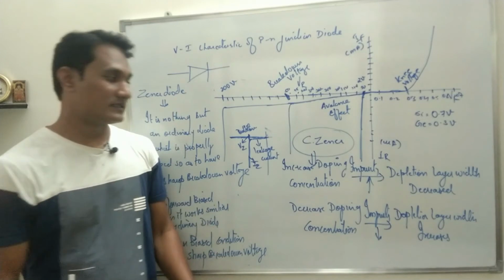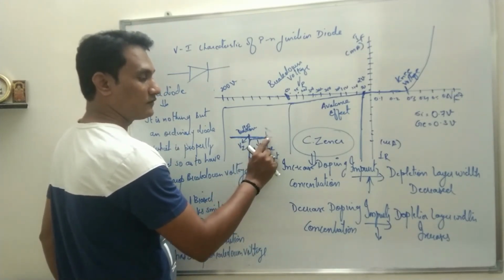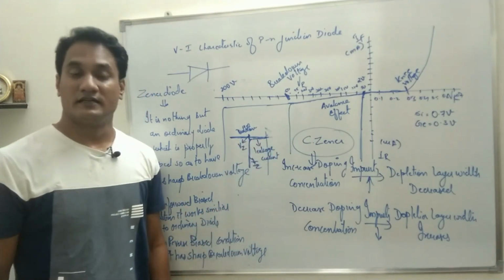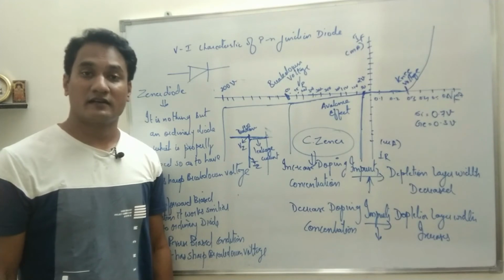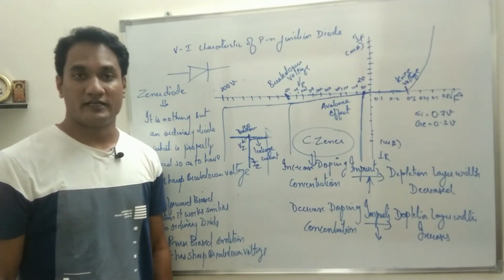Third, the stage between the 0 point and the breakdown voltage is called the leakage region or leakage current, where a negligible amount of current flows because of minority charge carriers.